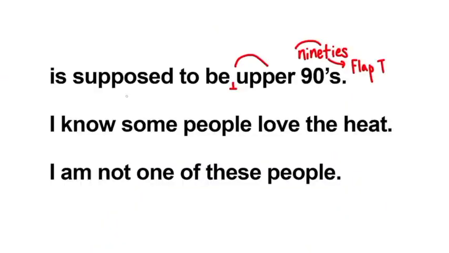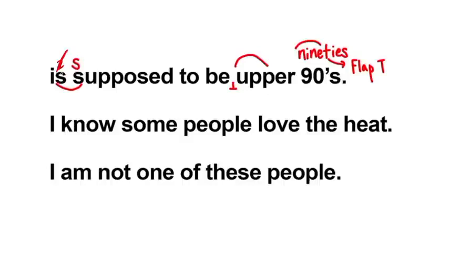Is supposed to be upper 90s. So we have is supposed to. Is ends in a Z. Supposed starts with an S. Now here's a case where I am linking and I'm dropping the Z. S is an unvoiced consonant, and unvoiced consonants are considered to be strong.